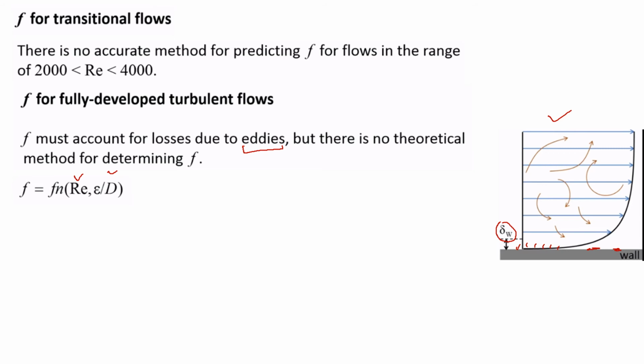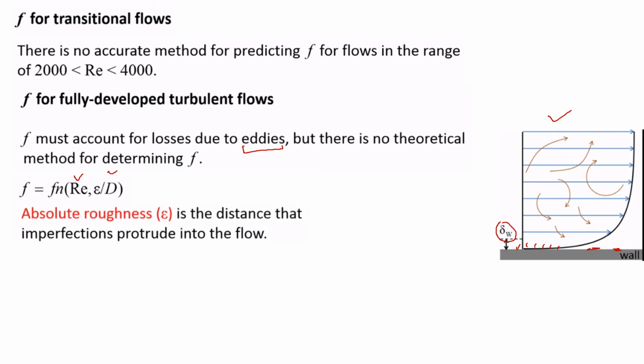The absolute roughness is the distance that an imperfection protrudes into the flow. So what does that mean? This means how rough the pipe is. If the pipe is rough enough that it protrudes into this length, it will ultimately result in eddies.